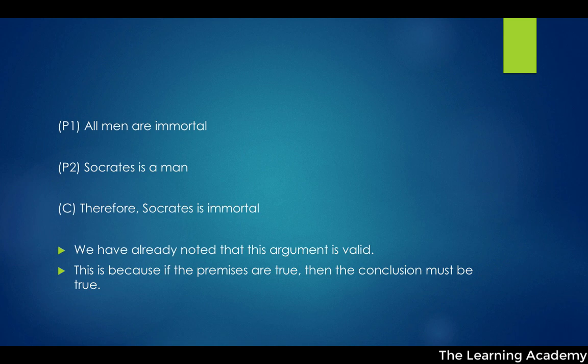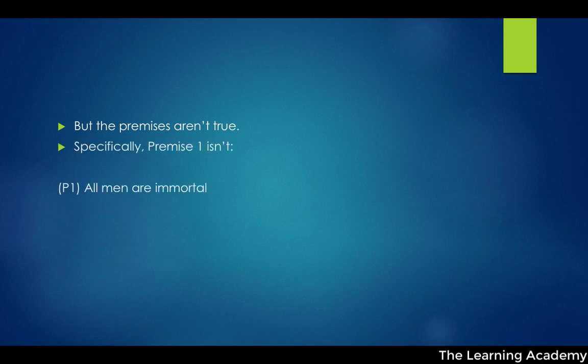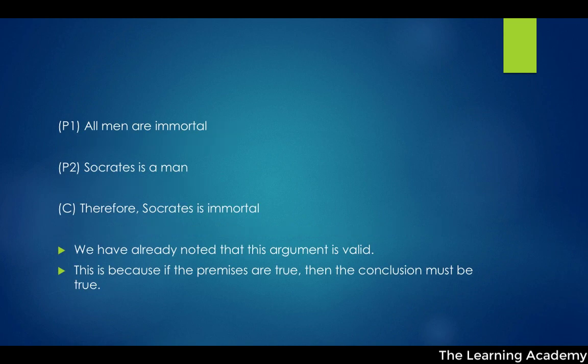But the conclusion is true just because the premises are true. However, in the example that we just looked at, the premises in reality aren't true. Specifically, premise 1 isn't: all men are immortal. You could make the argument that premise 2 is false because it refers to Socrates being a man in the present tense when in fact he's dead, so it should be Socrates was a man.